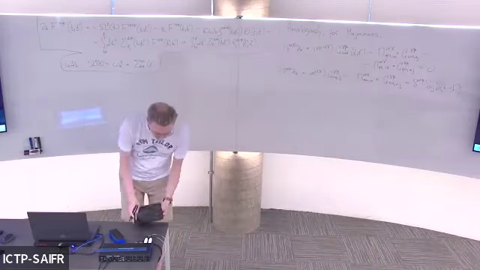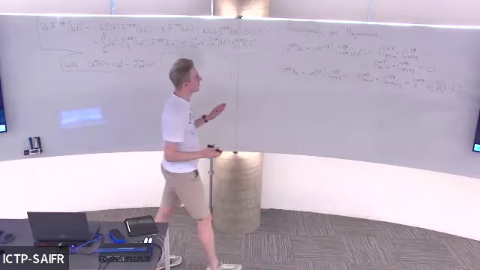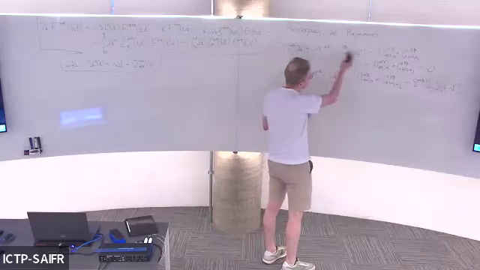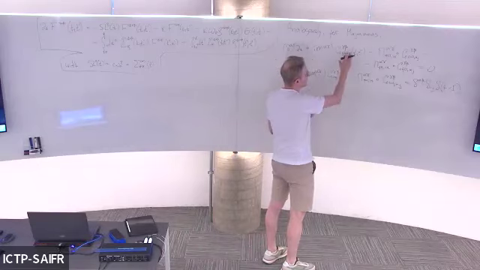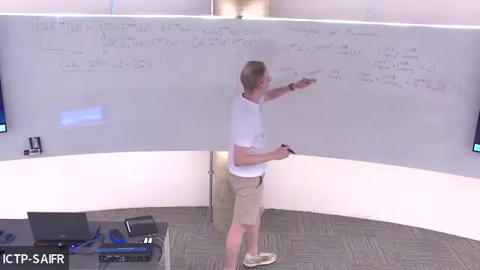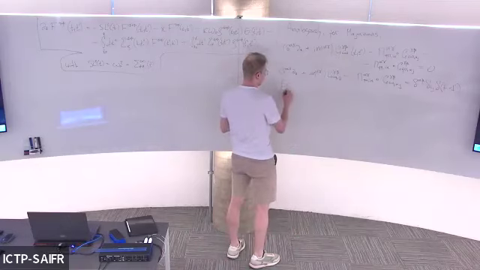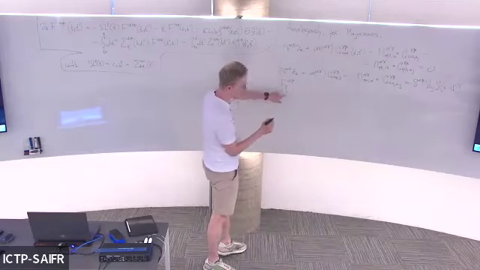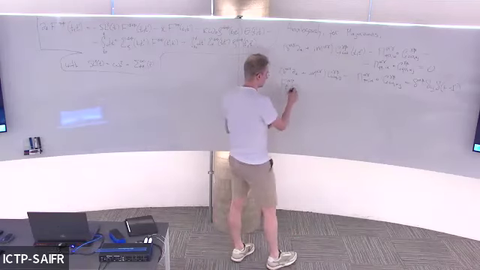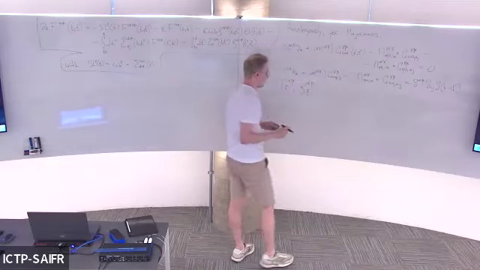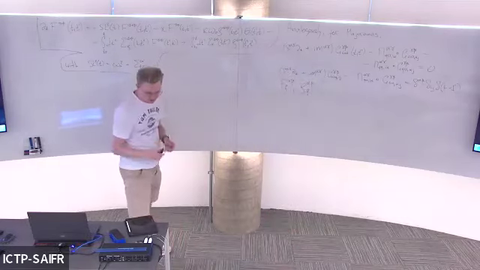Again, you can play the same game, translating these propagators to statistical and spectral functions, where F means fermions.